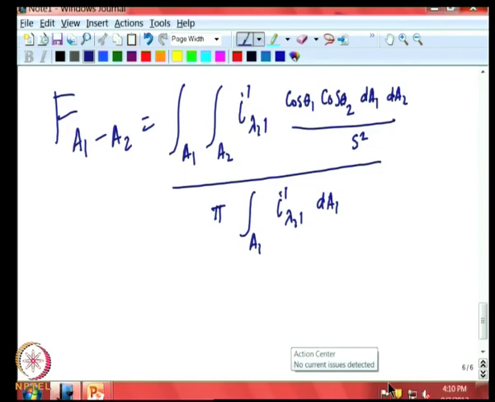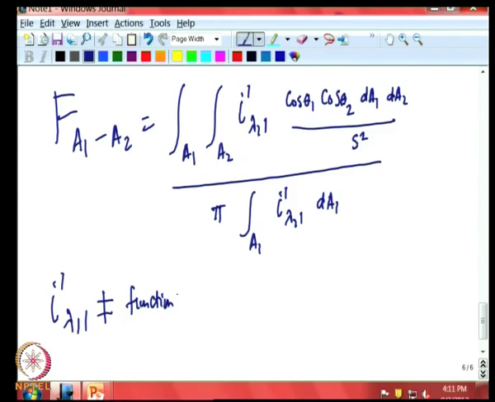Now, if you look at this general expression for the geometric configuration factor between finite areas, you find that it will be a purely geometric factor only if I prime lambda is not a function of space in A1 and A2.